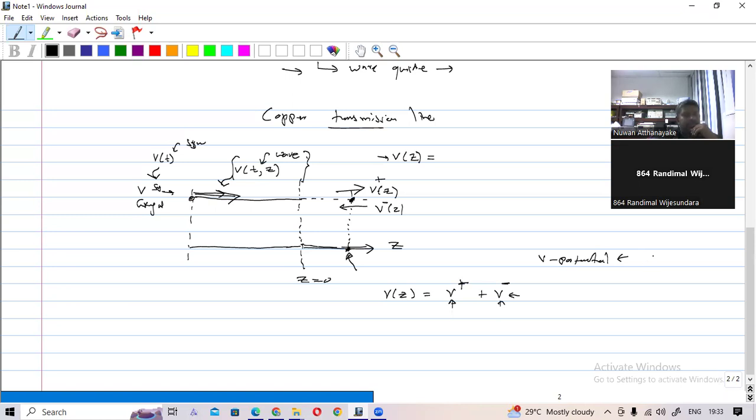But if you consider voltage difference or potential difference, it has a direction. For example, if here we have a high potential and here we have a low potential, we have a potential difference in this direction.